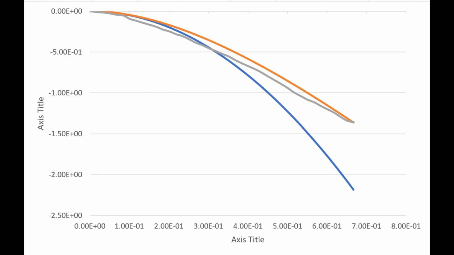The orange line, my model that represented drag, and my gray line, my Tracker data, are quite similar, but for some reason my Tracker data has more of a straight line while my GlowScript data is more curved.